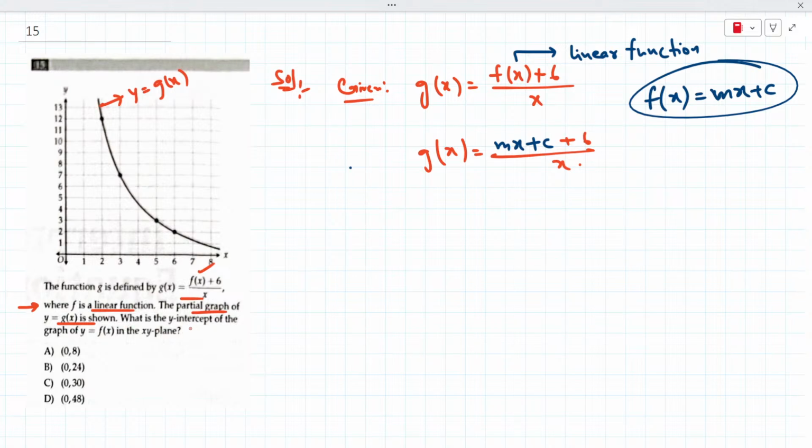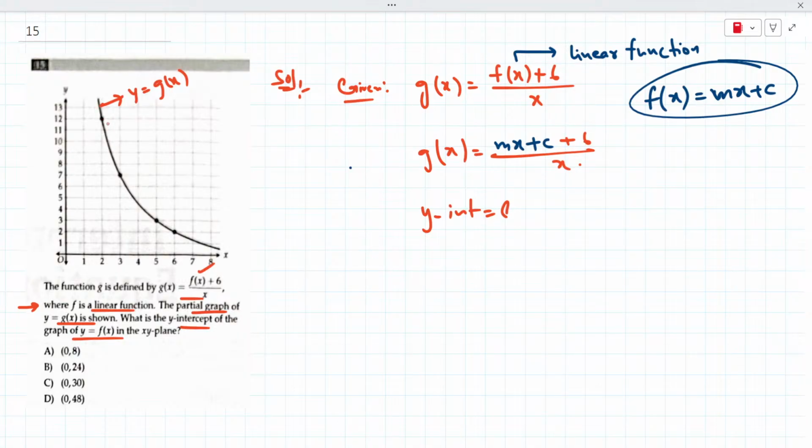Now, what is the y-intercept of the graph y equals f of x? They're asking for the y-intercept. Y-intercept means x equals 0. That's the main question.